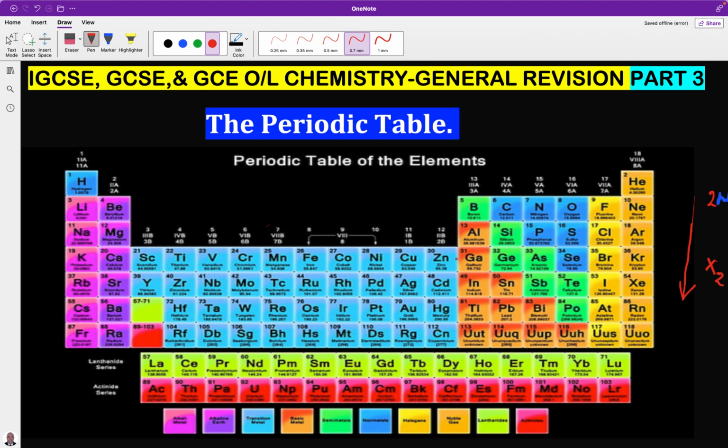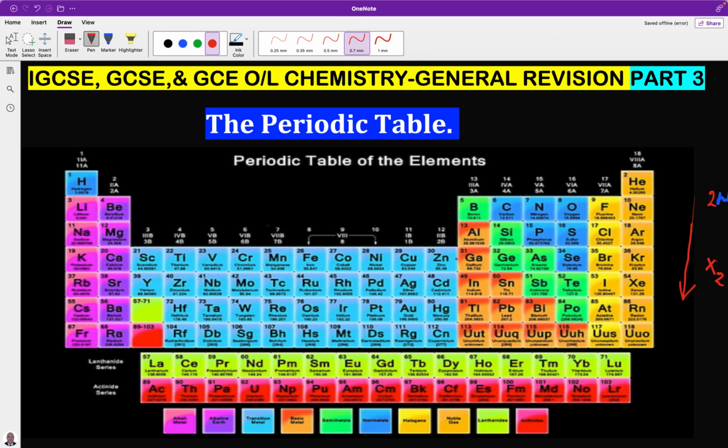It should be noted that these transition metals are harder and stronger than even group 1 metals. Because they are harder and stronger than group 1 metals, they have higher densities than the group 1 metals. They also have a higher melting point than the group 1 metals.